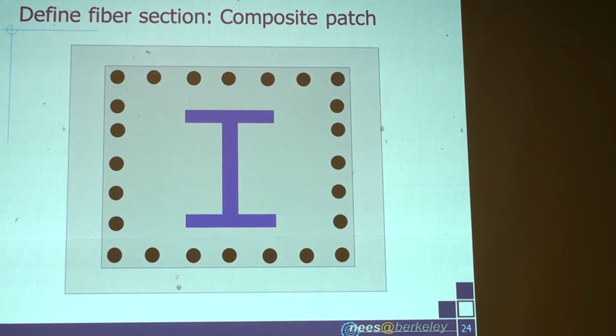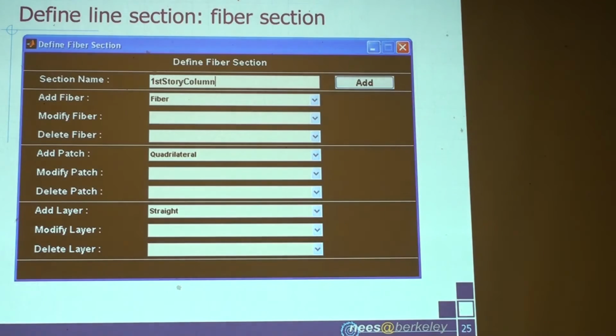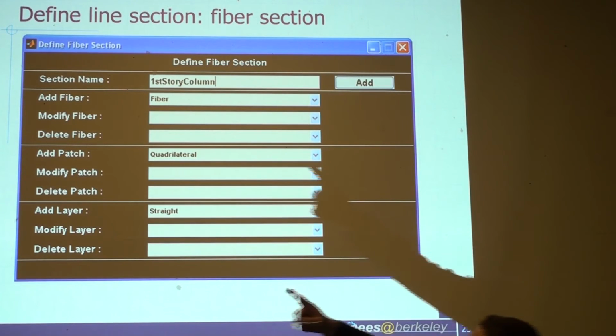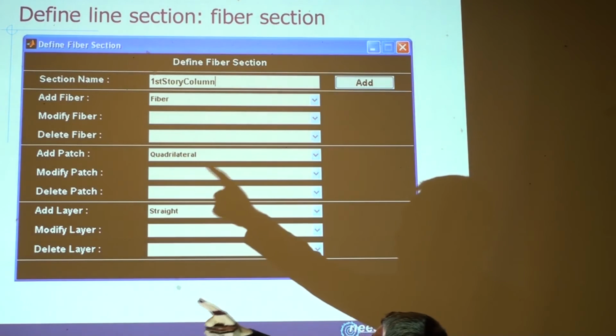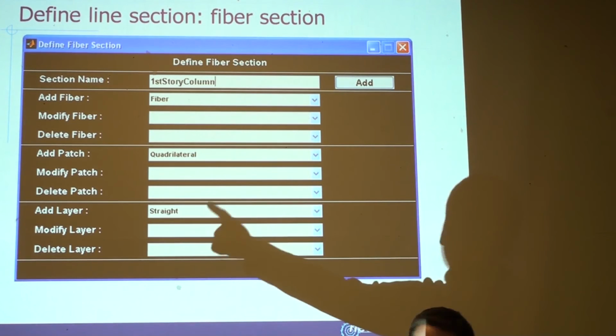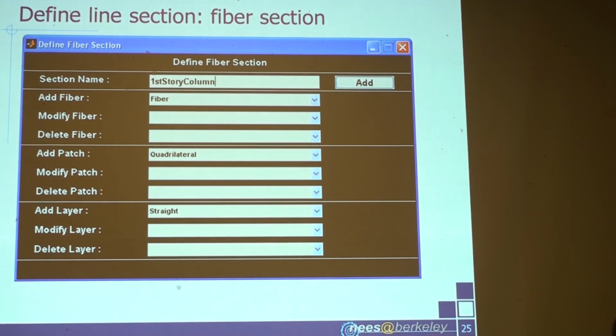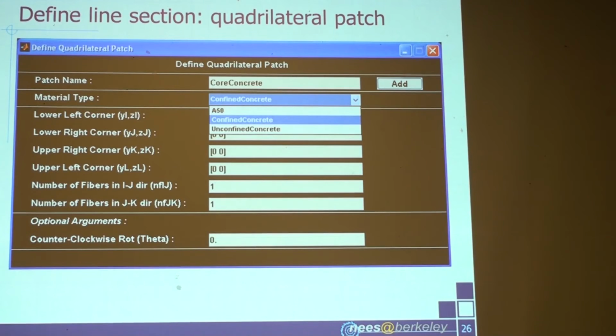Or if you wanted to define a fiber section, for example like this, a mask will come up and you can add stuff fiber by fiber, like up here, or you can do it by patches, and then you can put layers for the rebar. So define that and put it together.